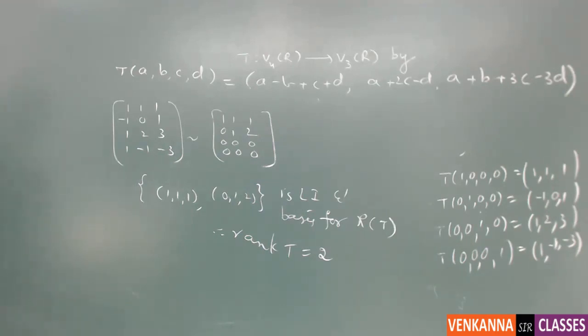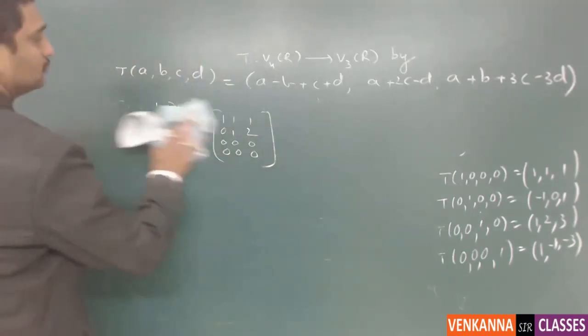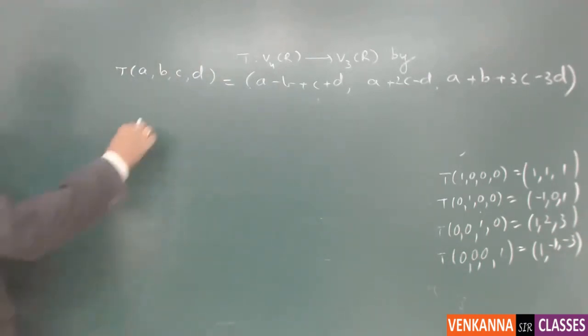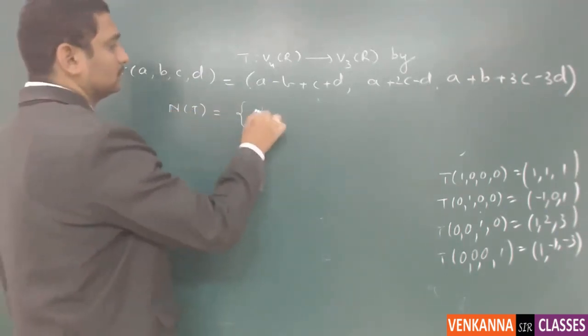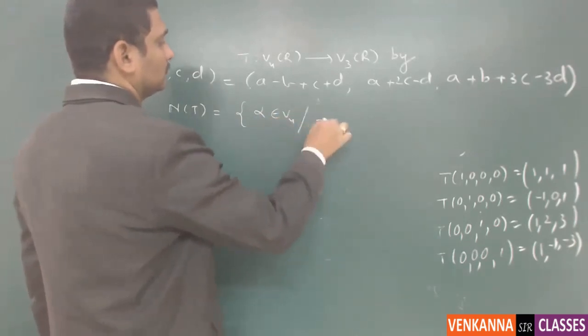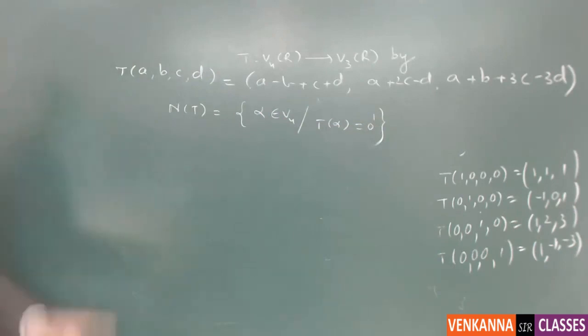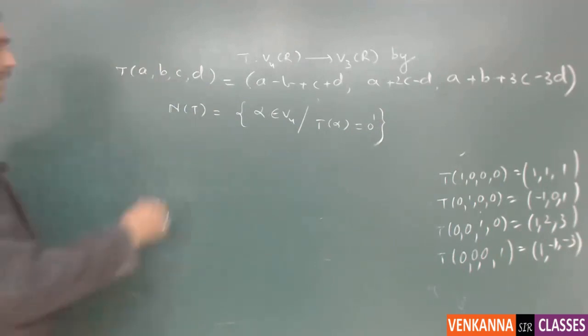Right. Now the second part is how to find the nullity. If you write the definition of nullity, this is the definition of nullity. Since V4 contains all 4D vectors, you can write that.